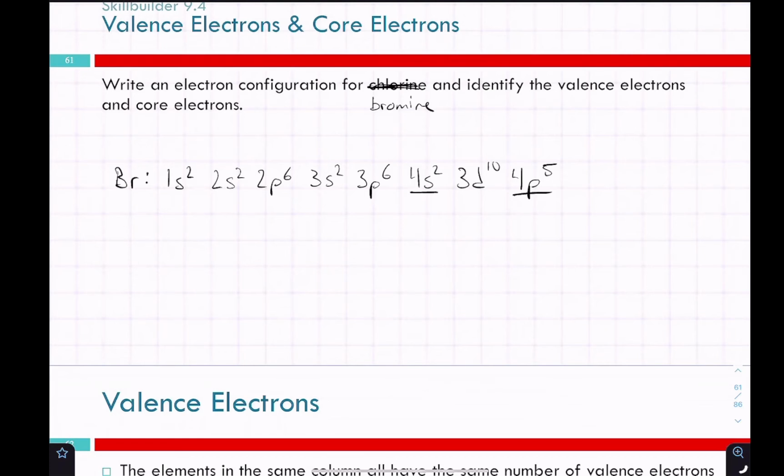So our valence electrons are these guys. So those are the valence electrons. All of the rest of the electrons are core electrons.